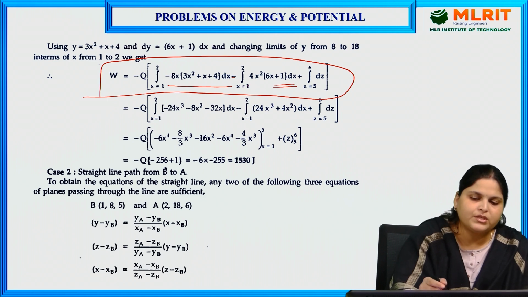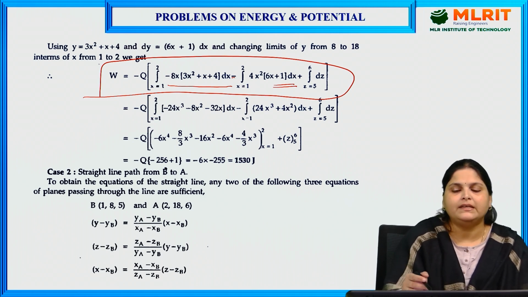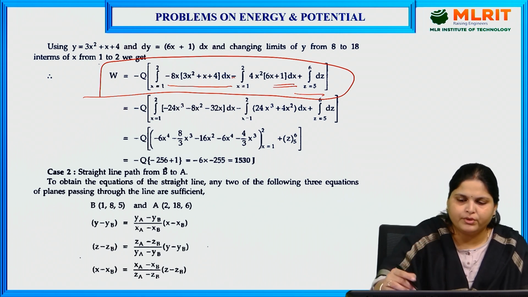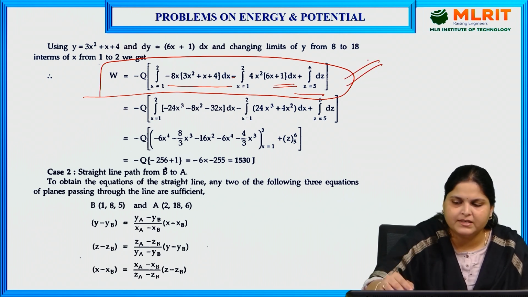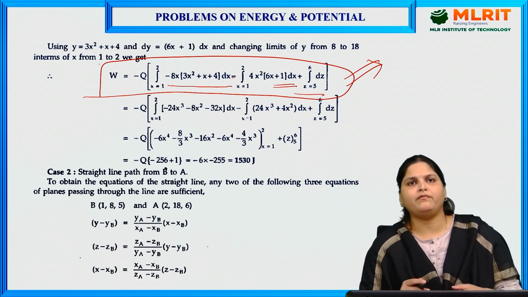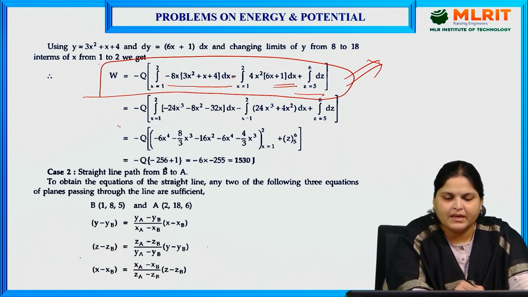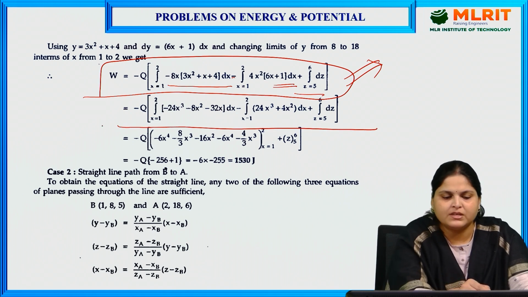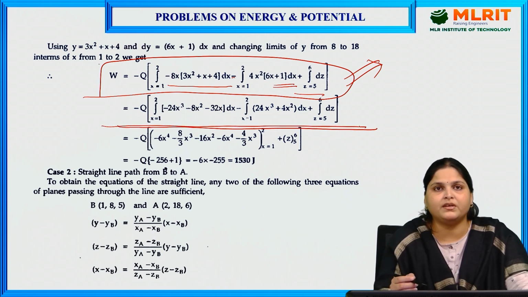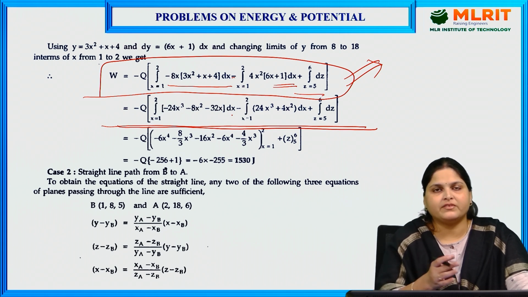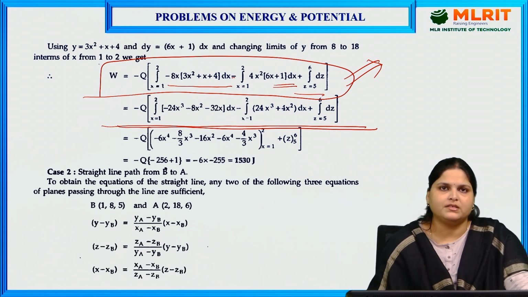So 4x square into 6x plus 1 dx plus integration of z from 5 to 6 dz. Now if you notice, we can understand the importance of the path provided in the question. Here it became easy to integrate because the components available are as per the integration, whether it is with respect to x, y or z.